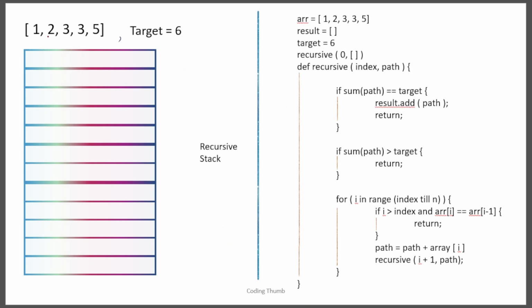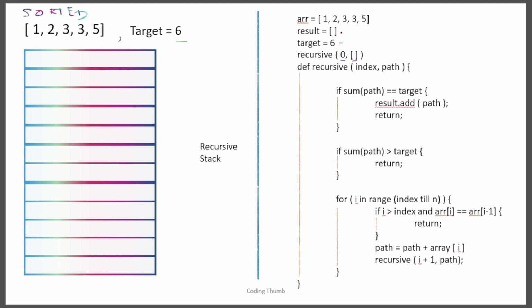Now let's say this is our given question 1, 2, 3, 3, and 5. After we have sorted the array, we get this particular array and our target is 6. Now imagine what happens to this code in the recursive stack. So first we call the recursive function with the value 0, which is our starting index, and we have an empty path.